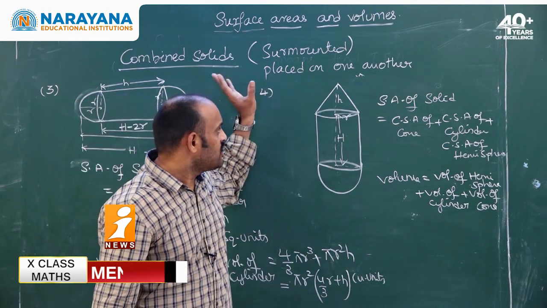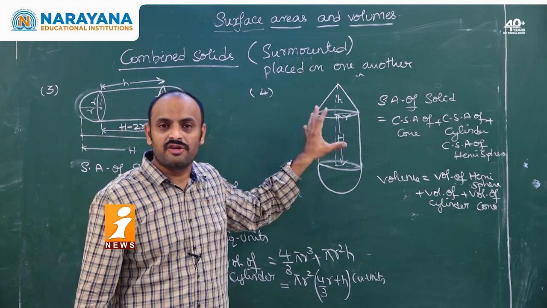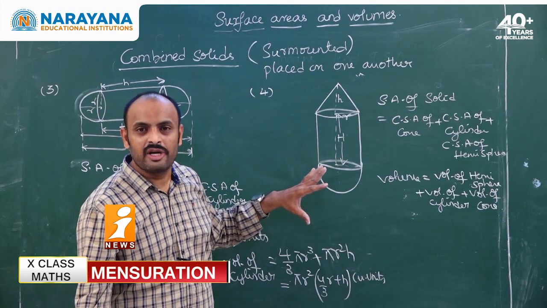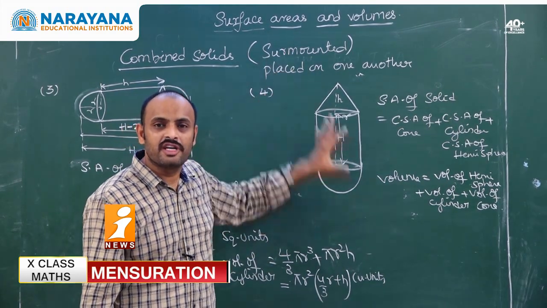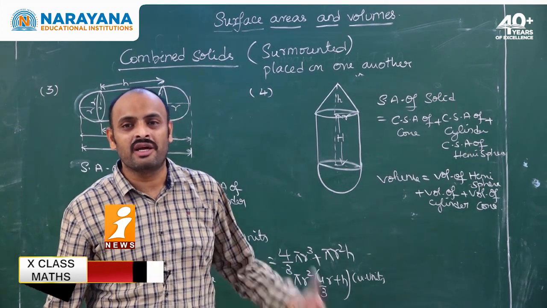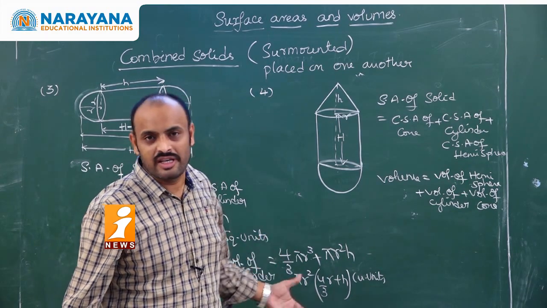See, if you want to find the combined solid surface area, add the CSA of each figure. If you want to find the volume of the combined solid, add the volumes of each figure. So hope you understand all these things, and the remaining combined solids and questions we are going to see in the next session.